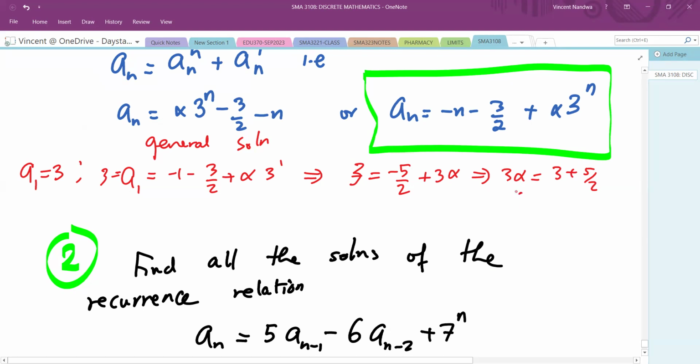So 3 alpha is equal to 11 over 2. So alpha will be 11 over 2 divided by 3, which will be 11 over 6.